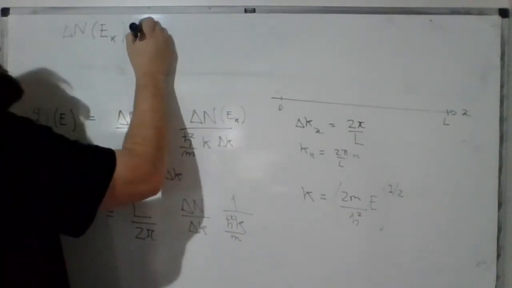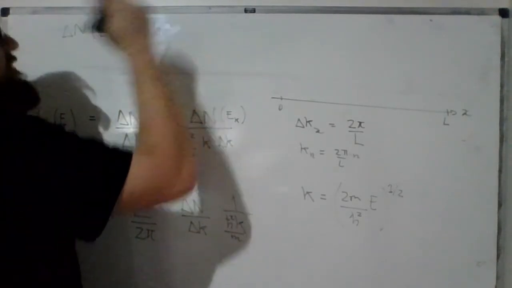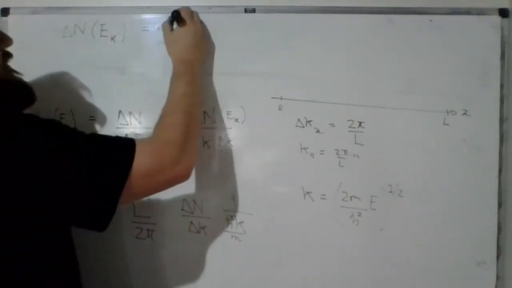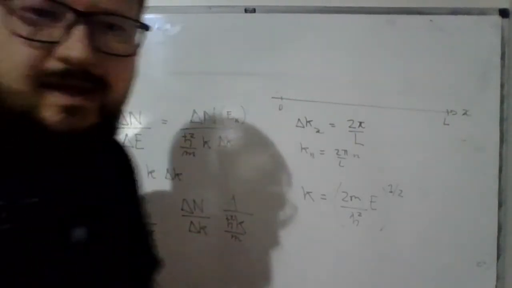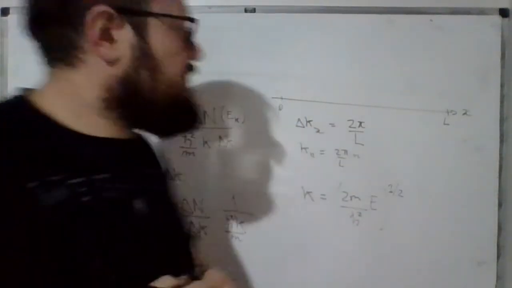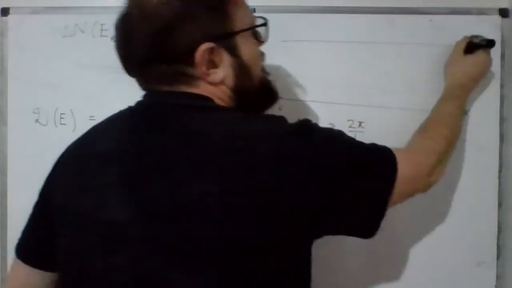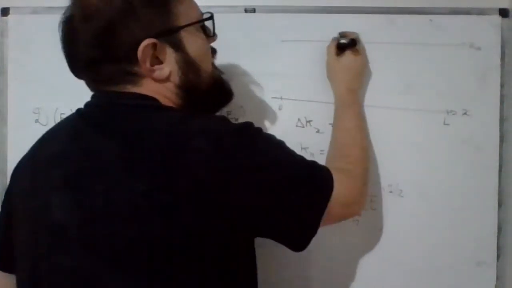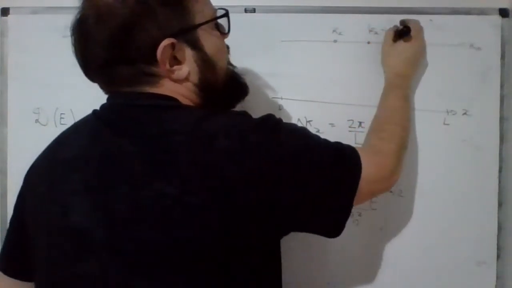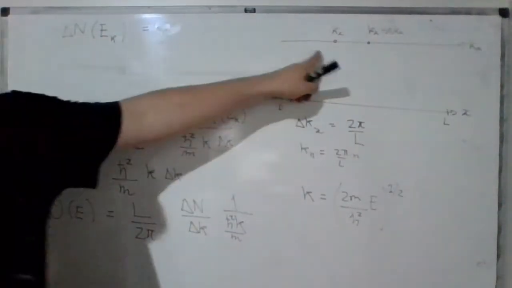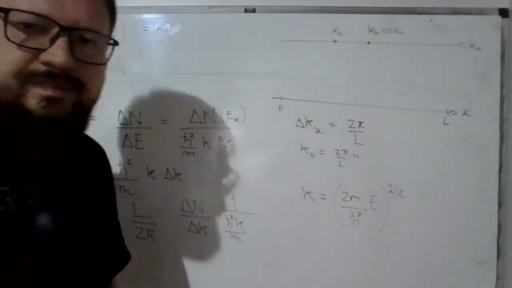So what we can do, we just calculate the possible number of states in the line of kx between kx and kx plus delta kx. What is the number of possible states in this line here?